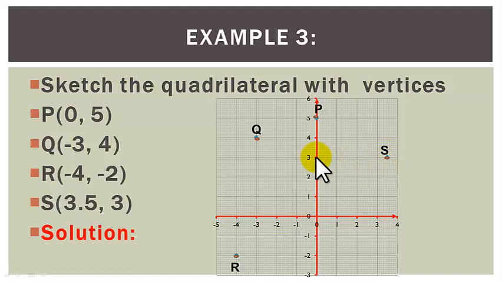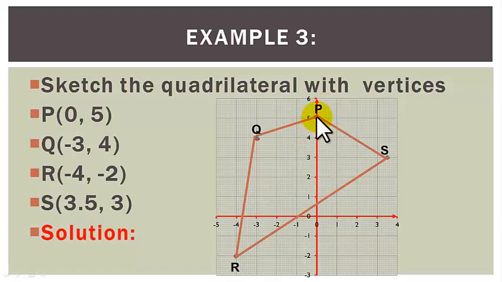Having located the 4 points on the plane, we can then connect them as follows. Join P and Q, Q and R, R and S, and then P and S to obtain the quadrilateral PQRS.